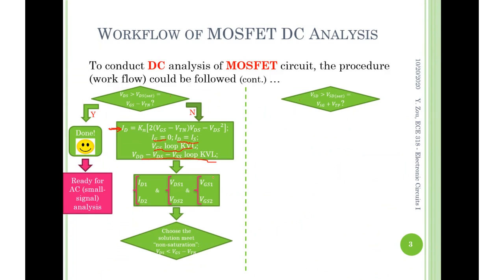Because this branch means no, it is non-saturation. So to tell which set of solutions is right, you need to choose the set that meets the non-saturation condition, which is VDS less than VGS minus VTN. Something you need to be careful about.